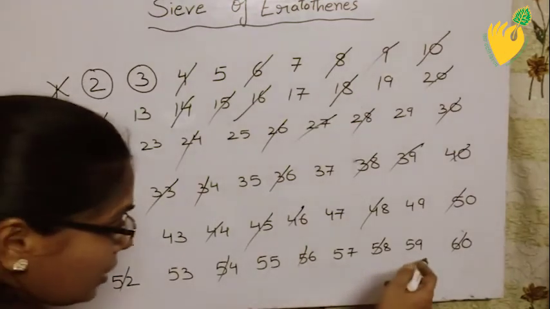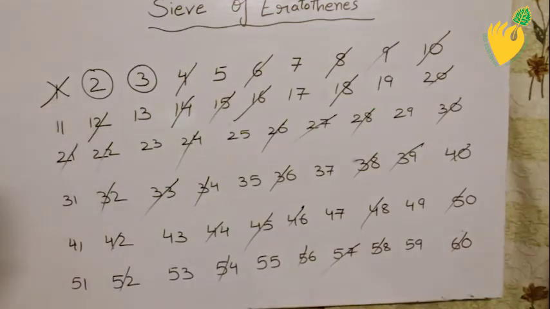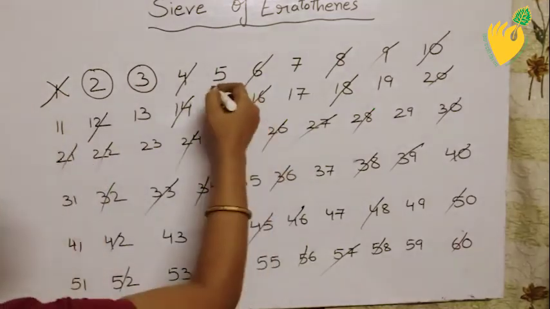Any other number, students? No. Yes, 57 is also divisible by 3. So, what is the next number, students?